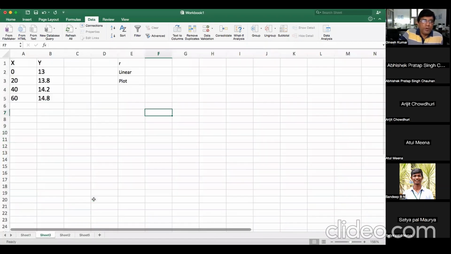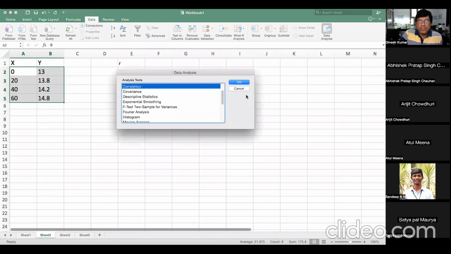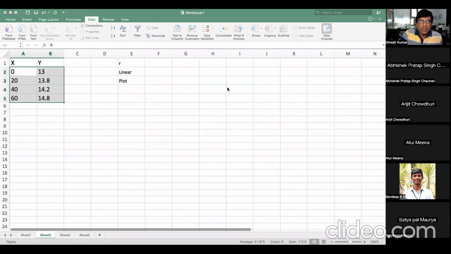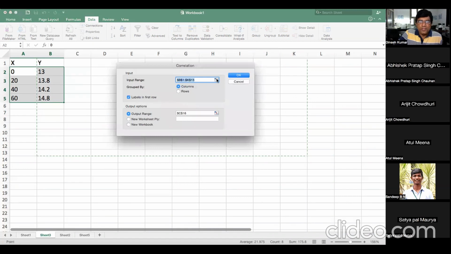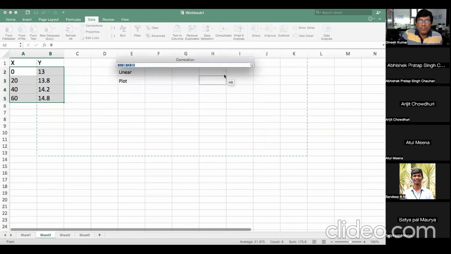Now, there was some problem in getting the correlation coefficient for some students. So you can see how you can do this. One is the independent variable, the other is the dependent variable. Here again, you can go to data analysis, correlation, okay, and then go to input range.